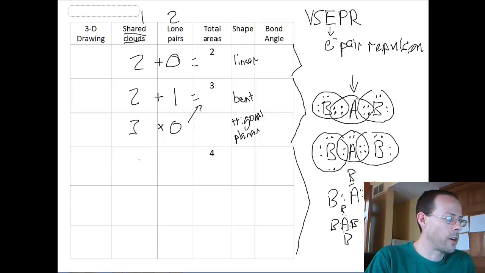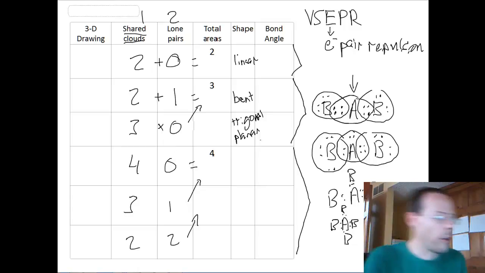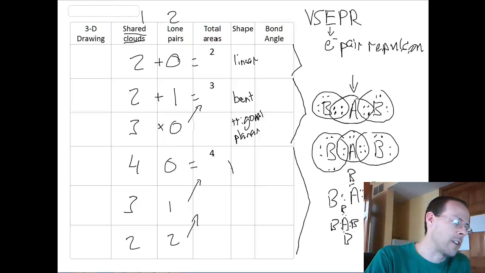So 4 shared, 0 unshared equals 4. And there are 2 other ways this could fall out. We could have 3 and 1, or we could have 2 and 2. But each of these is going to add up to 4 every time. So if we have 4 shared and 0 alone, this shape is known as tetrahedral.